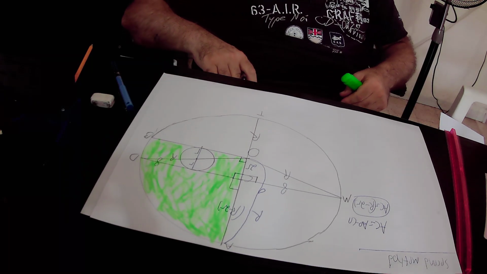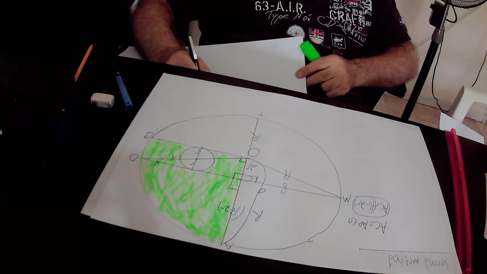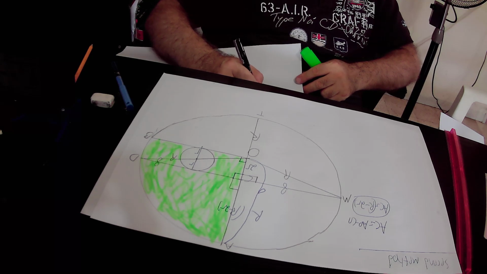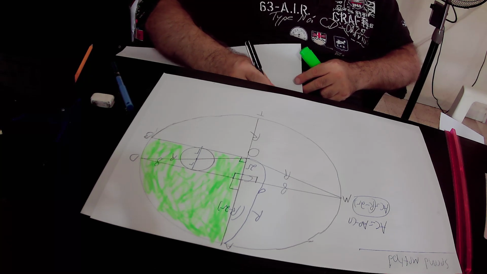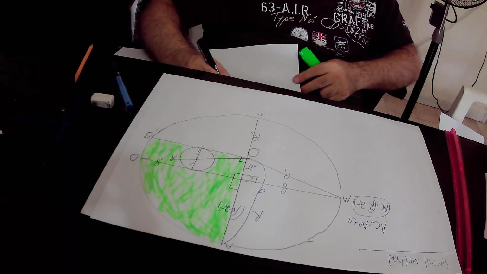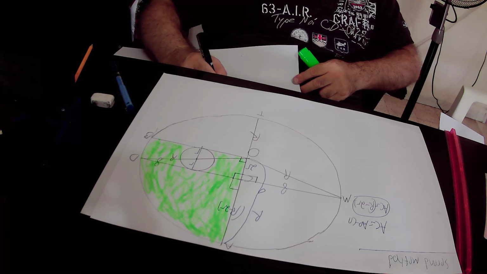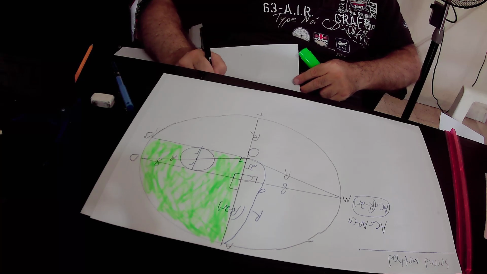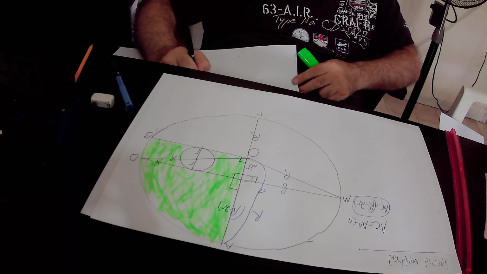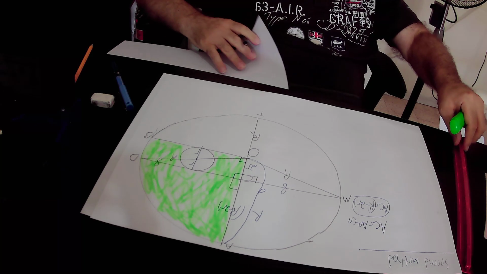But what is actually the area of the green shape? The area of the green shape will be equal to the area of the quarter circle minus the area of the small circle.